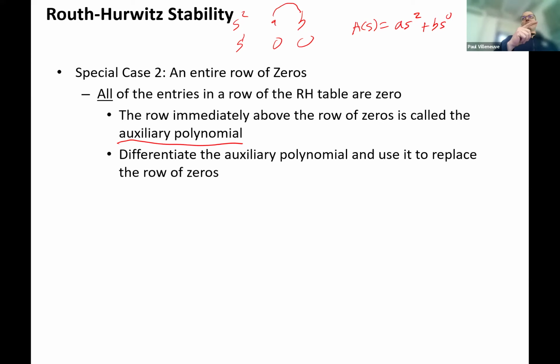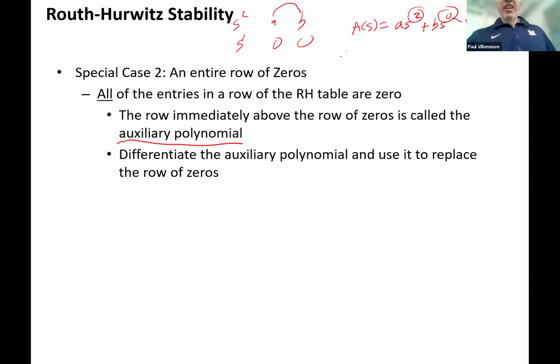When you were building your Routh-Hurwitz table, your first two rows, you grab your first coefficient, then skip a coefficient, grab the next, and skip until you're all the way to the end. So be very careful. Make sure that these are alternating and that you're skipping a term. Another very common mistake students make is putting a 1 there. I'm just trying to give you little tips about how to avoid some of the pitfalls I've seen in the past.